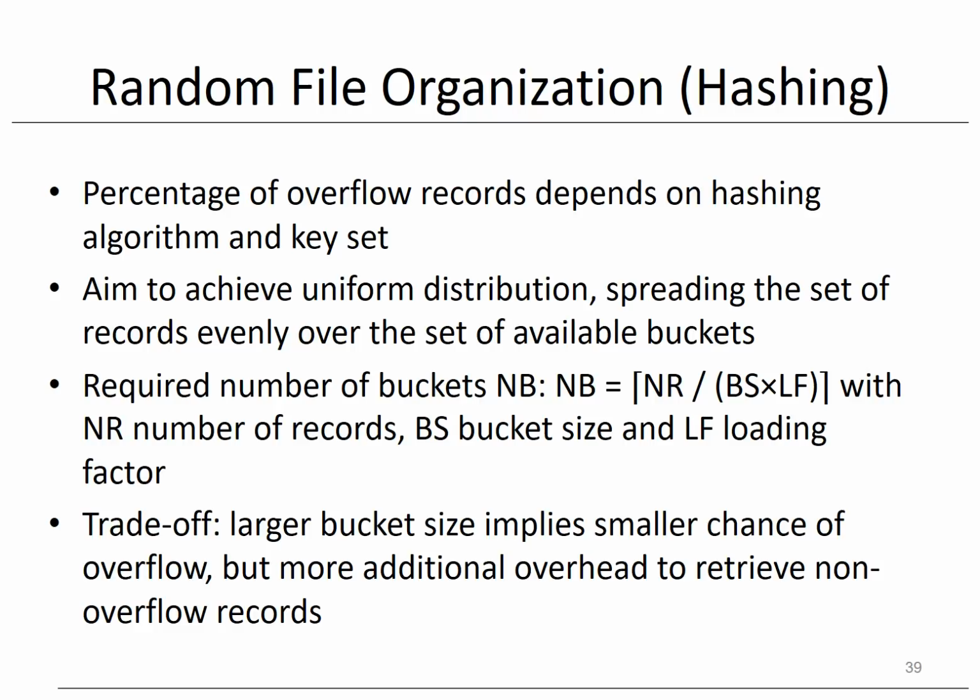Still, the reality of less than uniform distributions implies that more record slots are needed because some buckets are fuller than others, and the only way to avoid too excessive overflow is to provide more record slots than strictly necessary. The required number of buckets, NB, equals the ceiling of NR divided by BS times LF, with NR the number of records, BS the bucket size, and LF the loading factor.